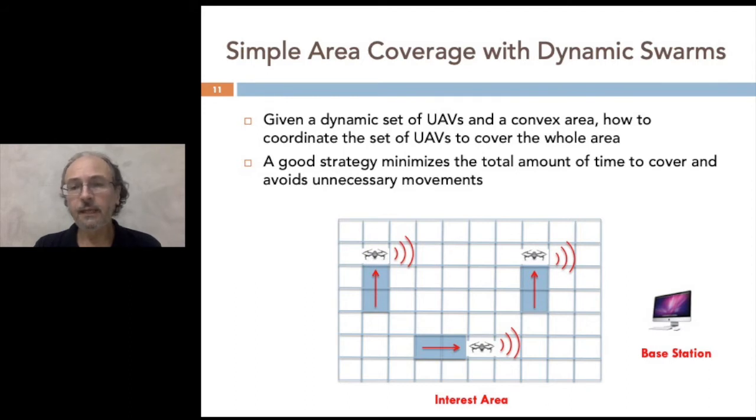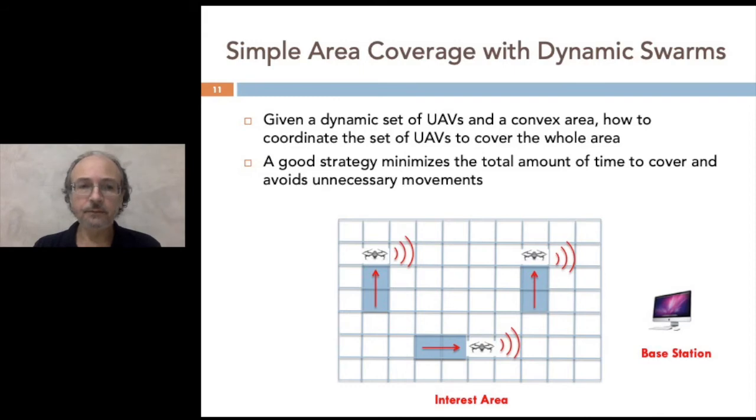they can communicate with an external device that we call base station. And communication between the UAVs and the base station, we assume that is possible at any time and through reliable wireless communication channels.